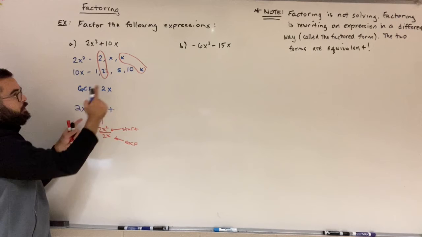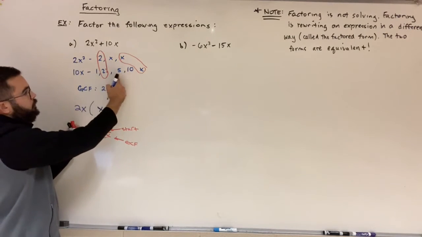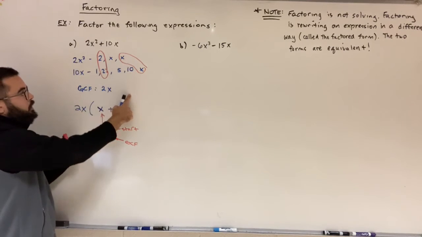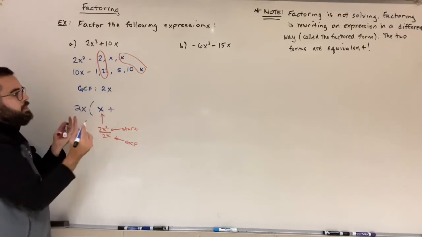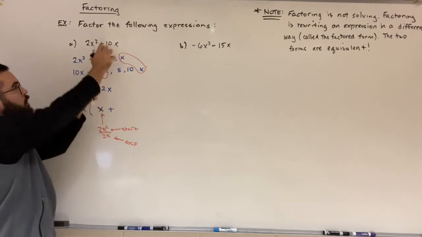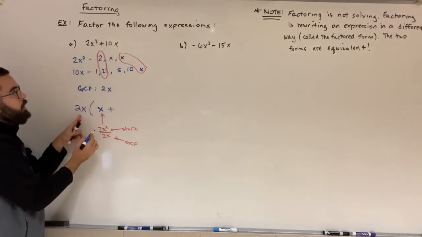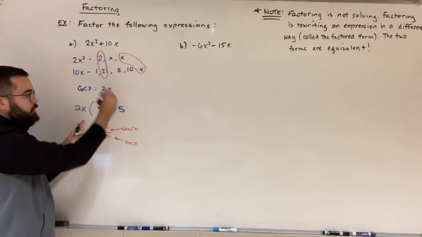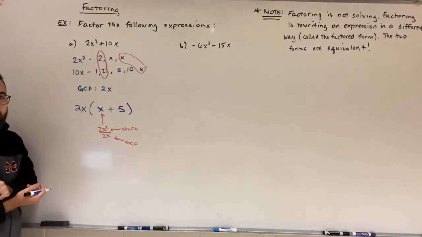What's left over? Well, what's left over is 1 times 5. Or, excuse me, these terms are what's left over. Okay? So would it be 5 or 10 here? Well, you have to think about this. If we started with 10x and divide out a 2x, 10 divided by 2 is 5, and the x's would cancel, so that's what's left over.